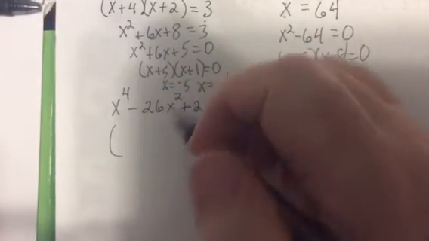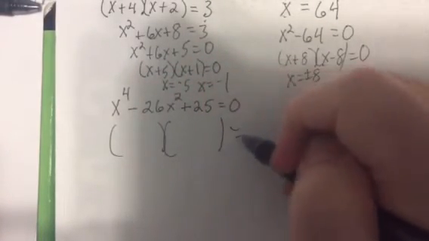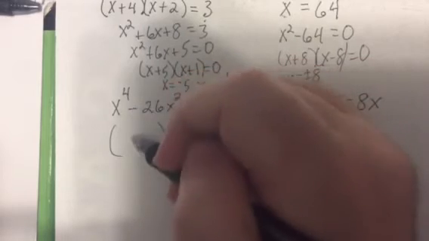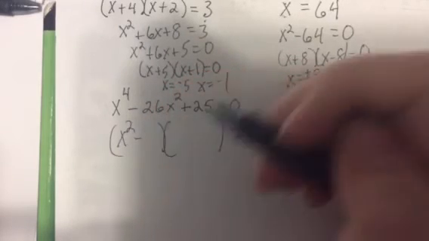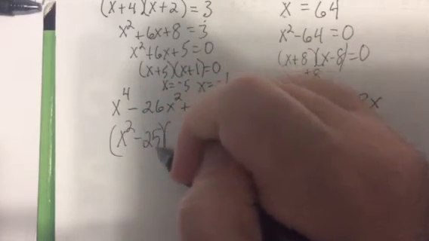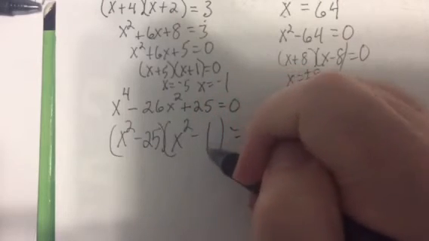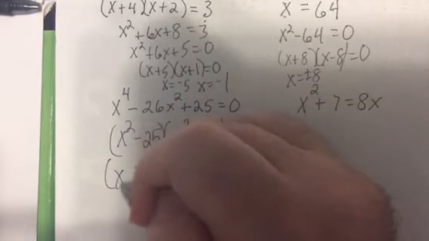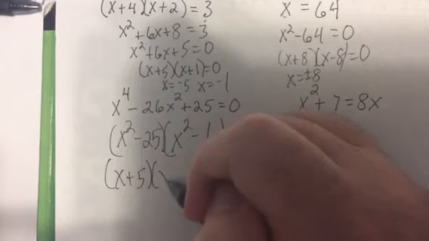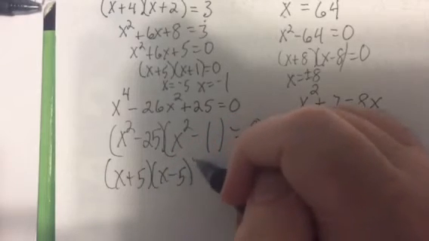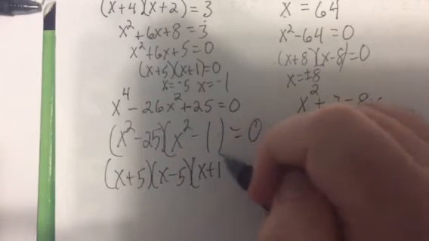Okay, here we go. So notice there's going to be 4 answers to this thing. So it's x squared minus 25, x squared minus 1. So you factor: x plus 5, x minus 5, and x plus 1, x minus 1.